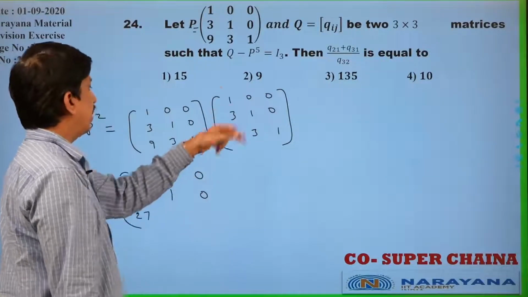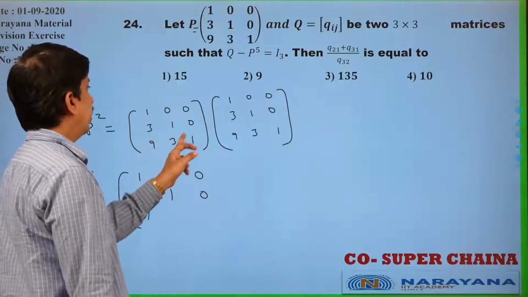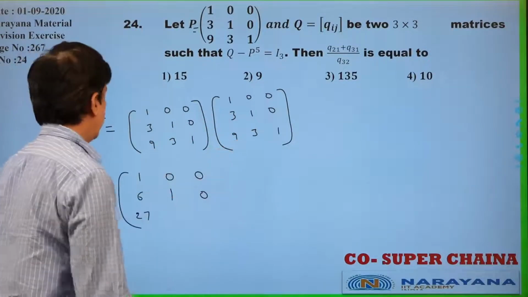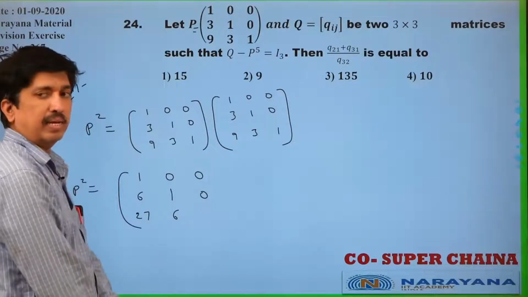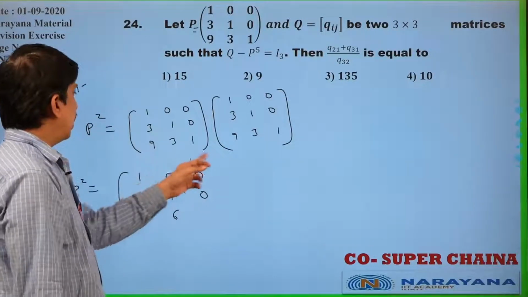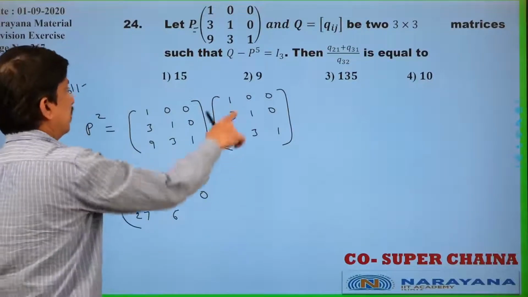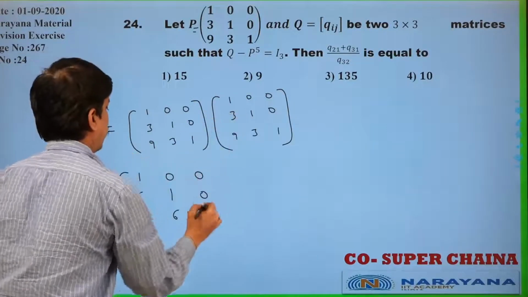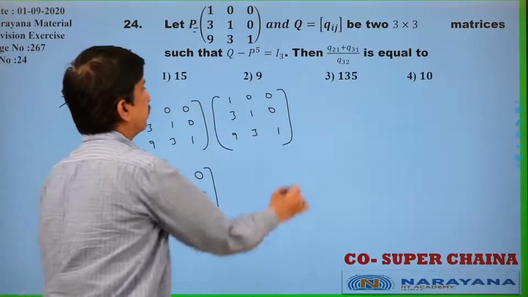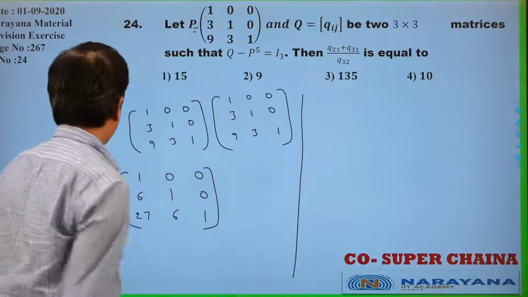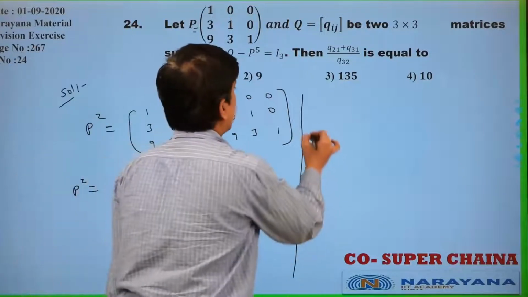Third row, second column, 0, 3 into 1, 3, 1 into 3, 3, 3 plus 3, what is that? 6 only you will get. Is it clear? Now, third row, third column, 0, 0, 1 into 1, 1 only. I got like that.